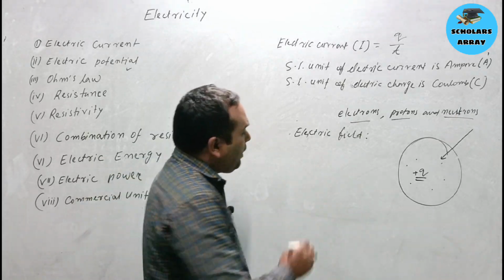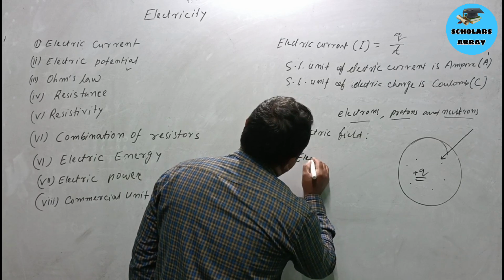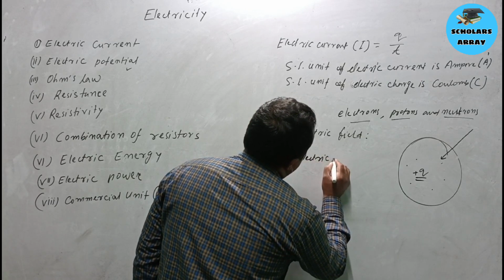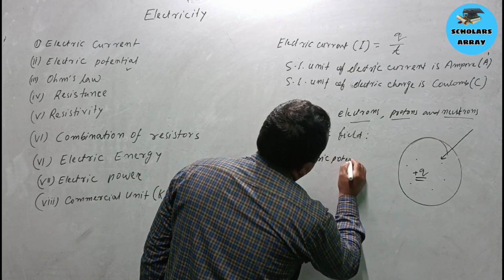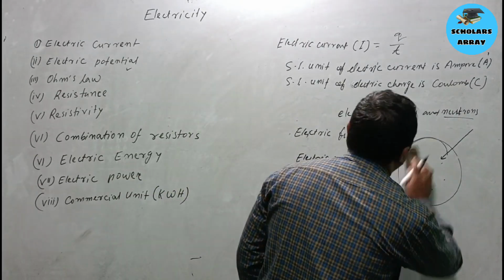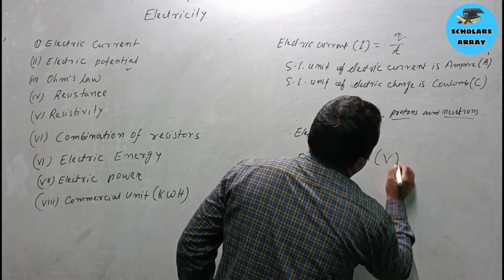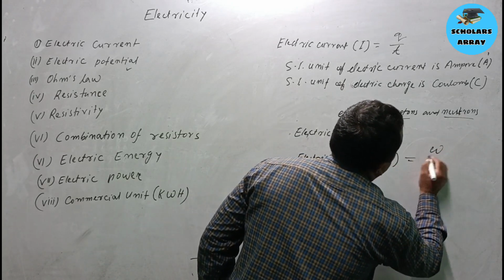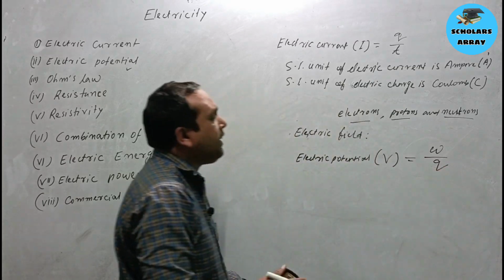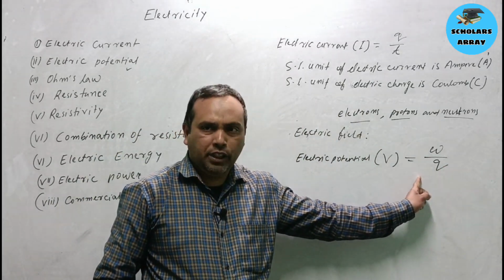So mathematically we write electric potential, we denote by V, equal to W by Q. So simply we can say work done per unit charge is defined as electric potential.